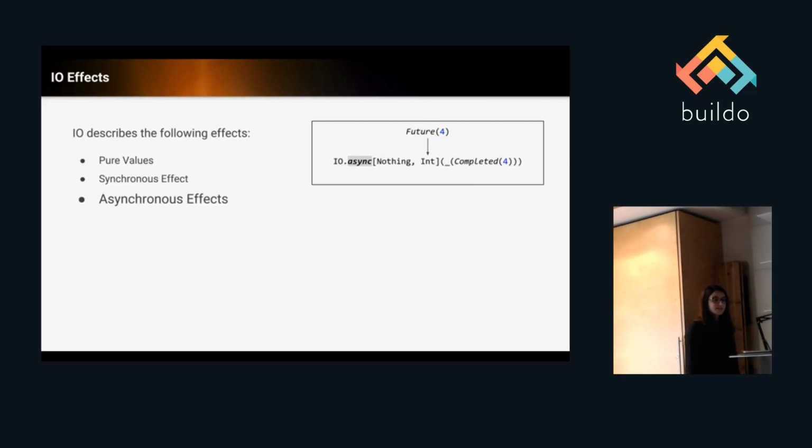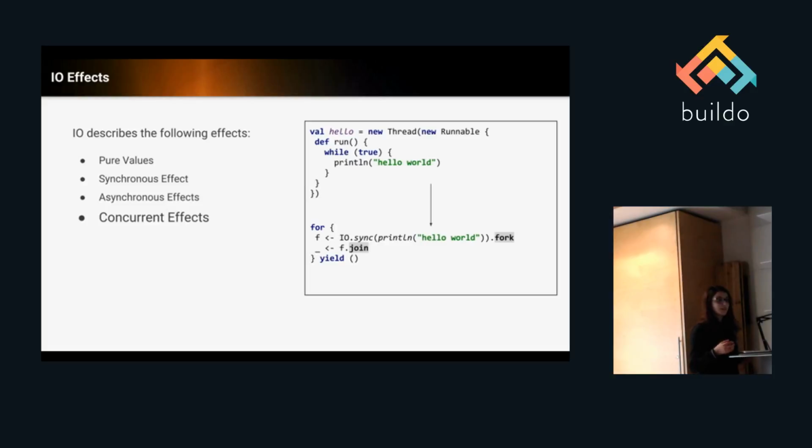You can describe an asynchronous effect using IO.async, and for concurrent effects, you can describe your IO value and fork it. When you fork an IO value, it will be executed concurrently with the main program. So if you fork a value in another fiber, you can then join it to get the value of this fiber.